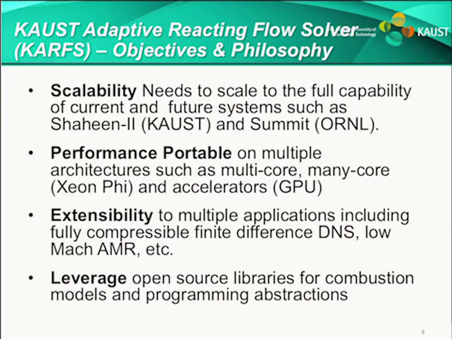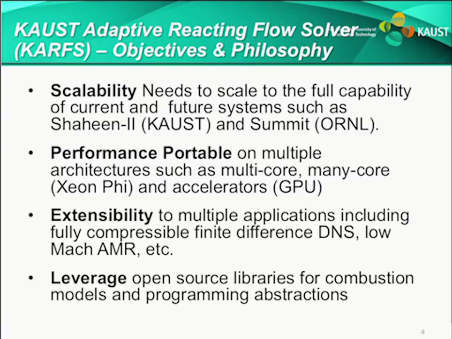We would like to make the code scalable to much larger exascale computing platforms. It has to be performance portable on multiple architectures, because the next generation machines are coming up with hybrid GPU and many-core attached to the CPU platform, and we want to be able to utilize them. And the code should also be extensible to multiple applications. Right now I've been mostly working on the compressible version of DNS, but we are trying to extend the capability into low Mach number and AMR and so on.